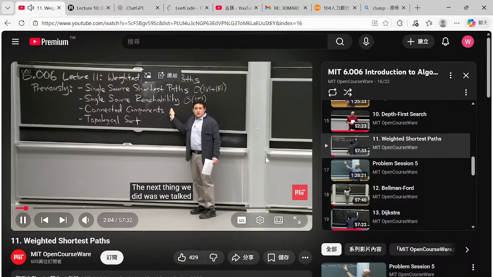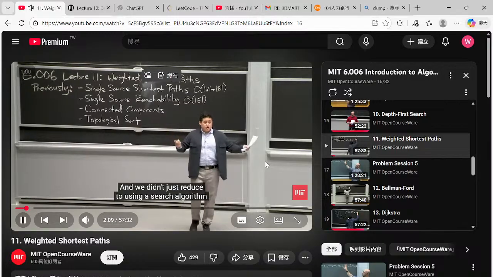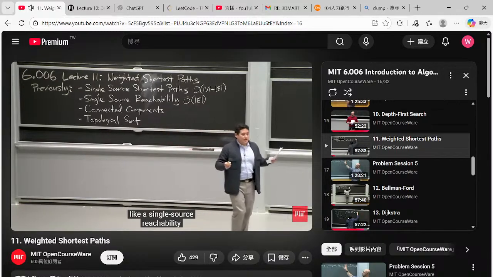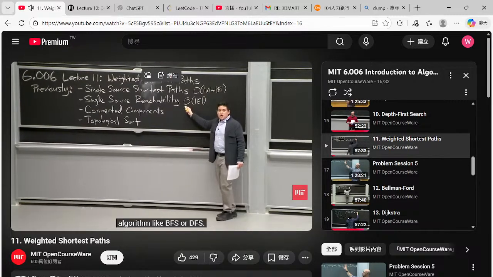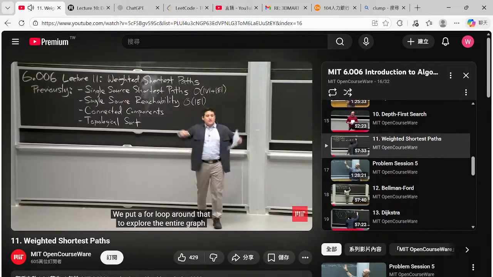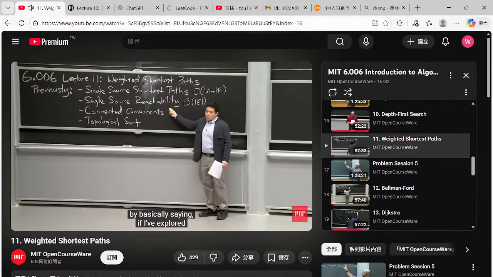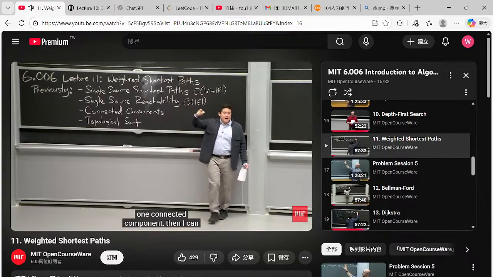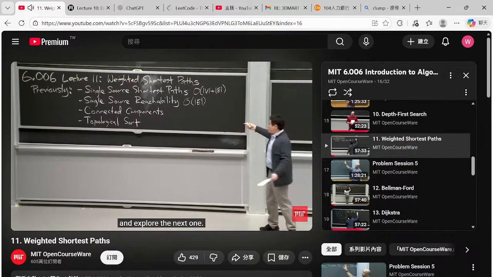The next thing we did was we talked about connected components. And we didn't just reduce to using a search algorithm like a single source reachability algorithm like BFS or DFS. We put a for loop around that to explore the entire graph by basically saying if I've explored one connected component, then I can look at any other vertex I haven't seen and explore the next one, right?